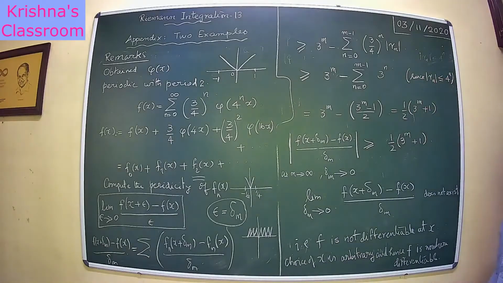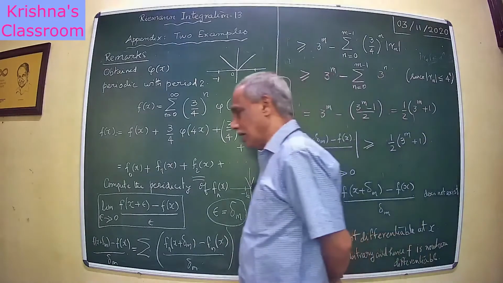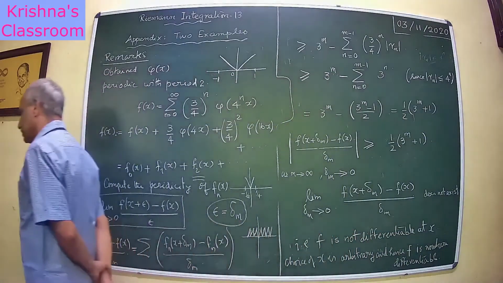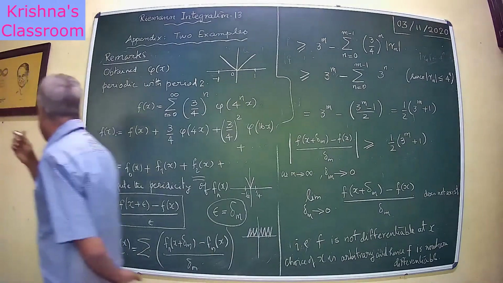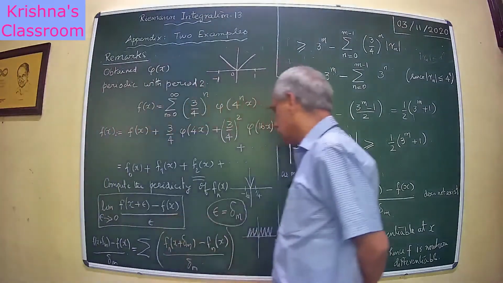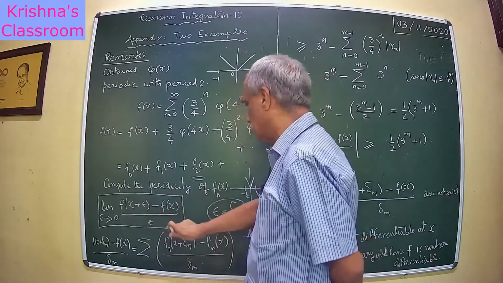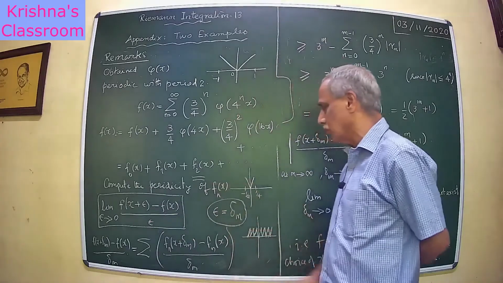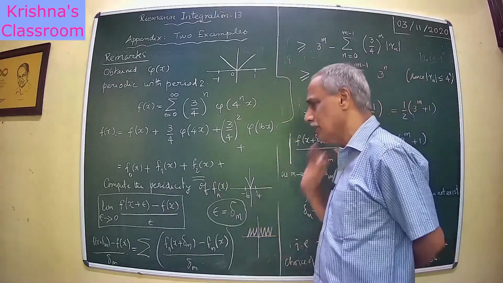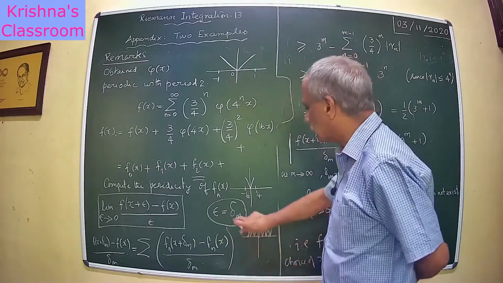But now you see the hard part of the analysis comes. What one does is very cleverly choose this epsilon, which is going to 0, replaced by a sequence delta m going to 0 as m tends to infinity. So we choose this delta m. How do you choose this delta m?